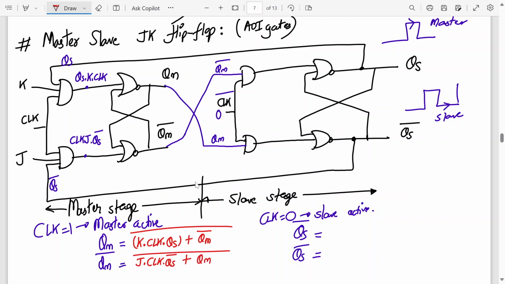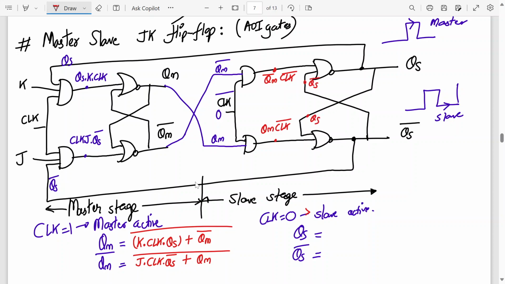Similarly, QS will be, what will this be? QM bar clock bar, right? This will be QM into clock bar. This will be QS bar.